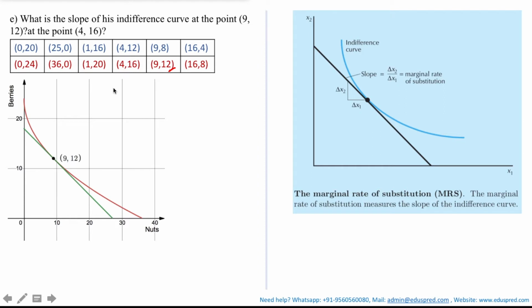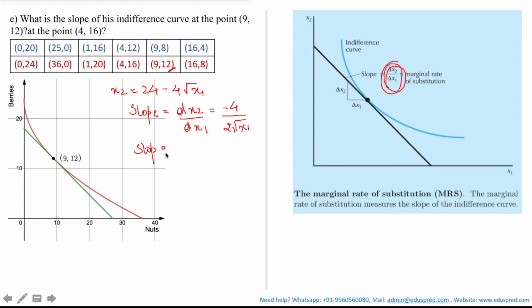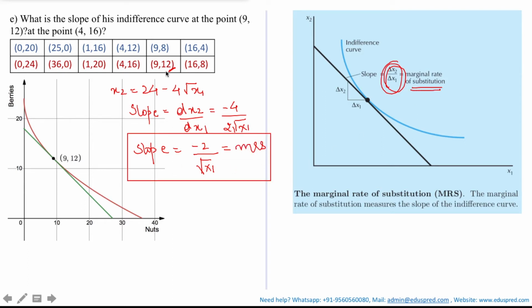Recalling from your part A, your red indifference curve had the equation x2 is equal to 24 minus 4 square root of x1. So calculating the slope means we have to differentiate x2 with respect to x1. Differentiating x2 with respect to x1, we get minus 4 divided by 2 square root of x1, so your slope is equal to minus 2 divided by square root of x1, and this is nothing but your MRS, and this is your general form of the slope for this indifference curve.